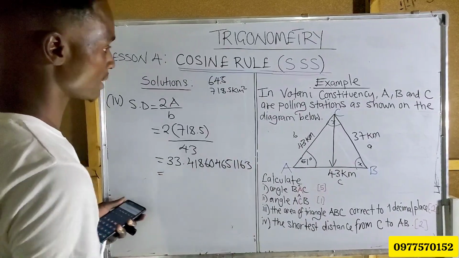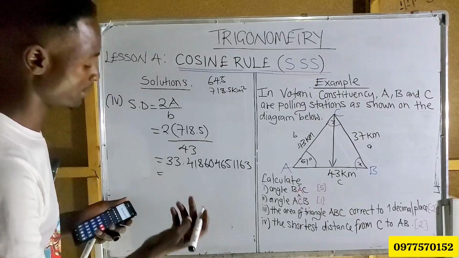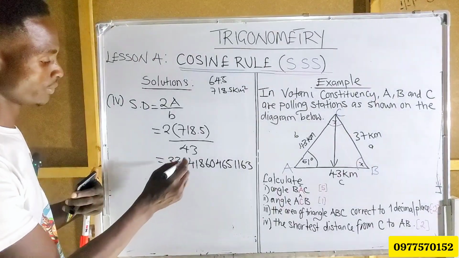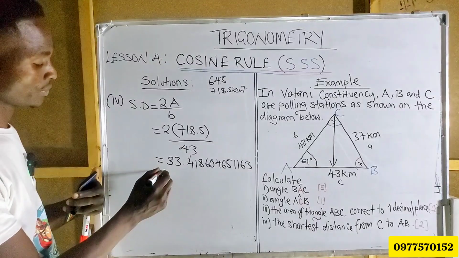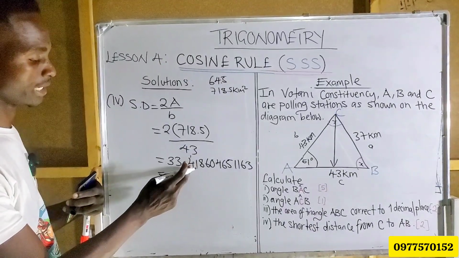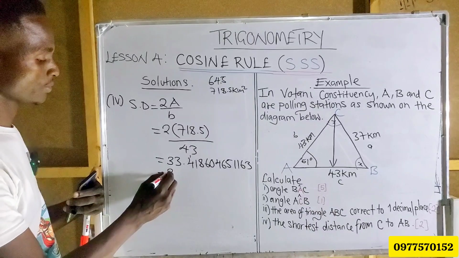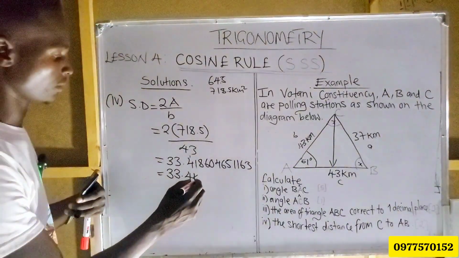This is just a distance and the degree of accuracy is not specified, so we leave our answer correct to 3 significant figures. So 1, 2, 3, and after this 4, there is a number which is less than 5. So we're not going to add 1 to this 4. So it will be just 33.4 kilometers.